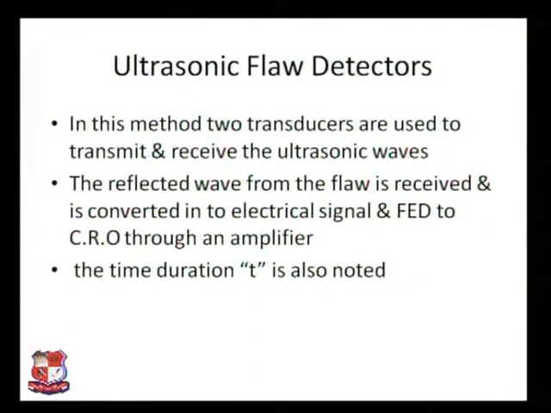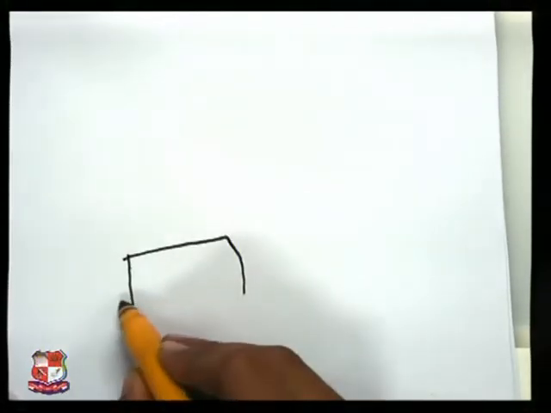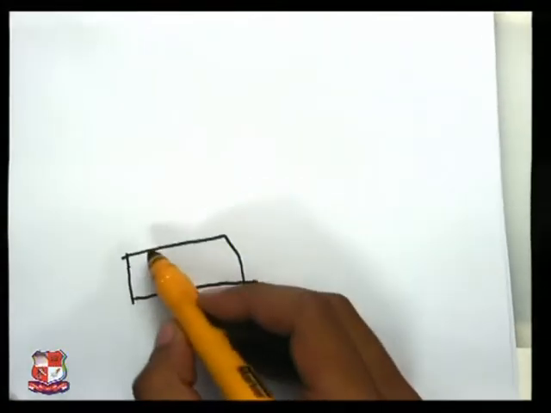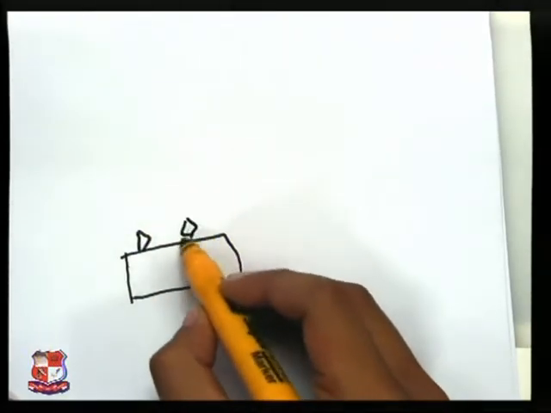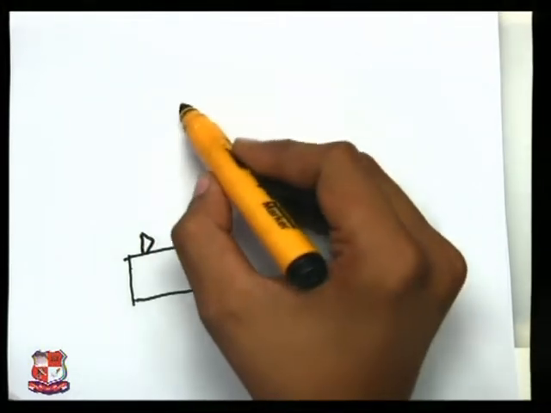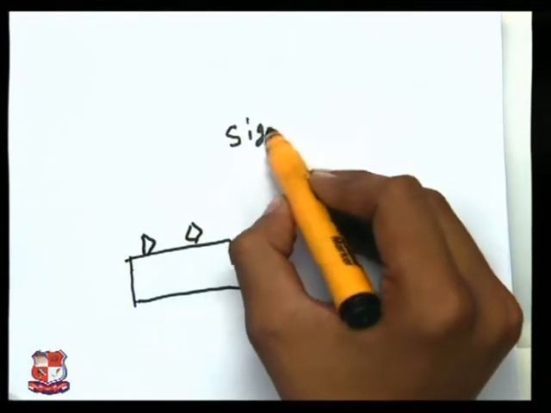Let me draw the block diagram of that and the waveform in the output. This is the test specimen which is being tested. These are the transducers. This is the signal generator.